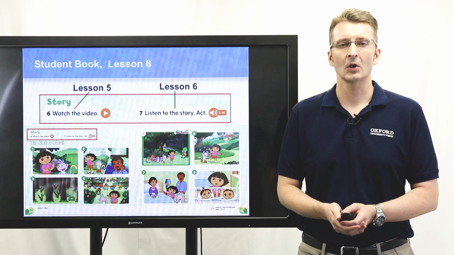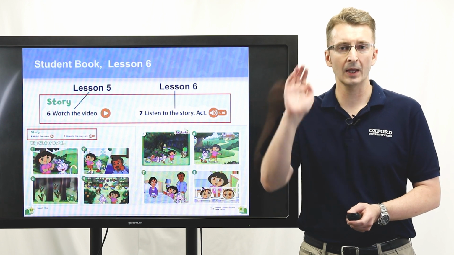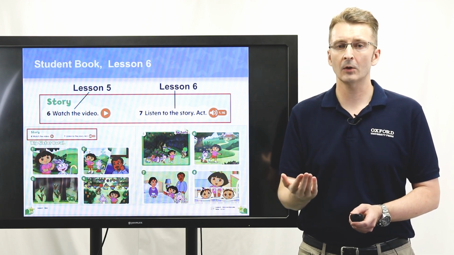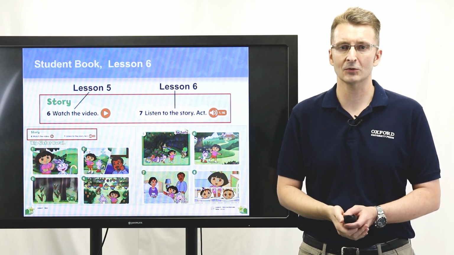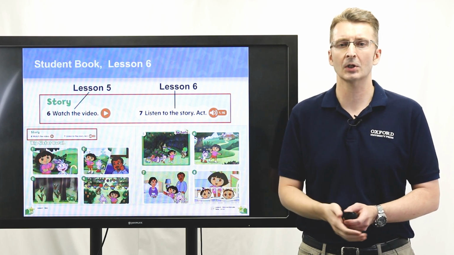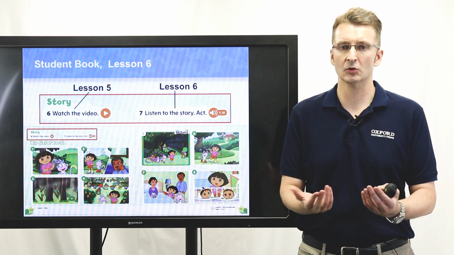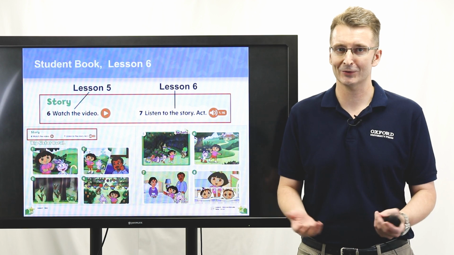In Lesson 6, your students will look at these pictures to help them follow the story as they listen to the story audio. The story audio is a much shorter, simpler version of the animated story, with only 1 or 2 short sentences to go with each picture. The children will then act out this short, easy version of the story using simple gestures.